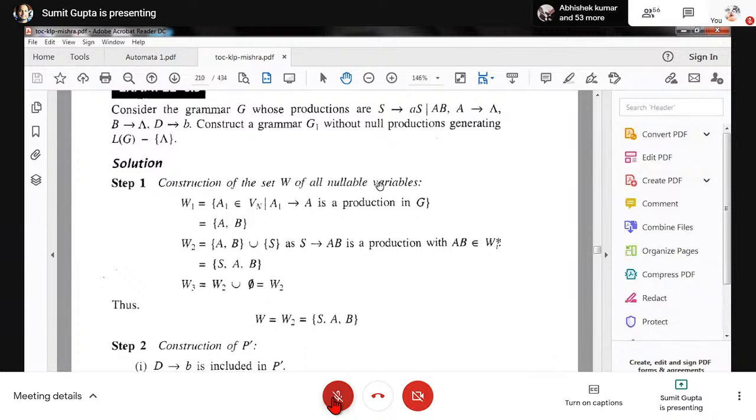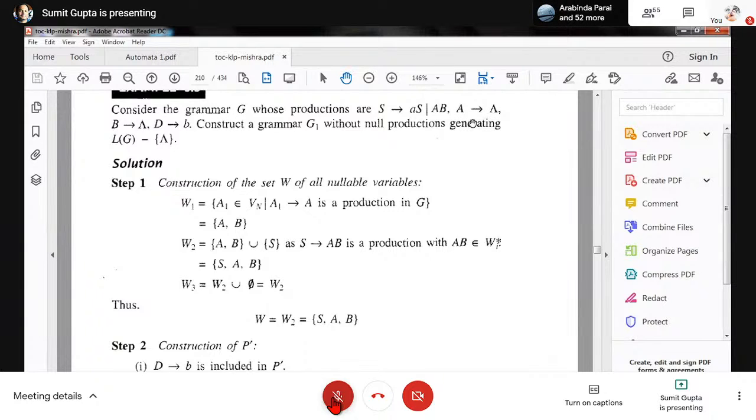What is the form of a null production? Whenever we have a form like A gives epsilon, or A gives cap, this is the representation of a null production. Here, A will be called a nullable variable. So I'm using two terms: null production, a production of the form A gives epsilon or cap, and nullable variable.